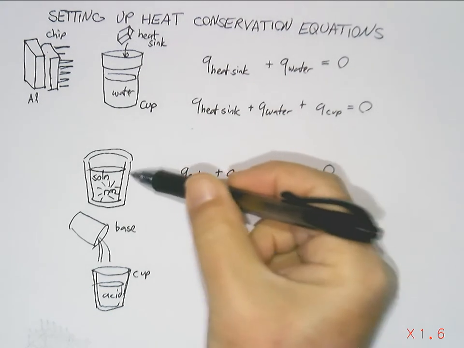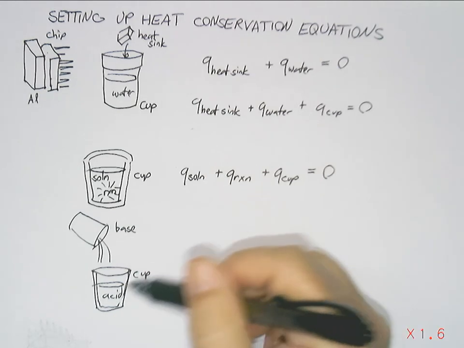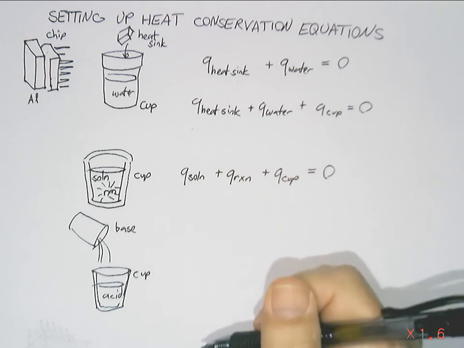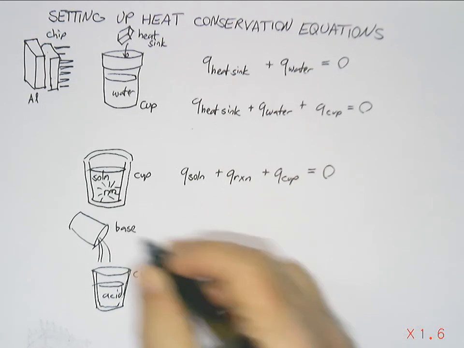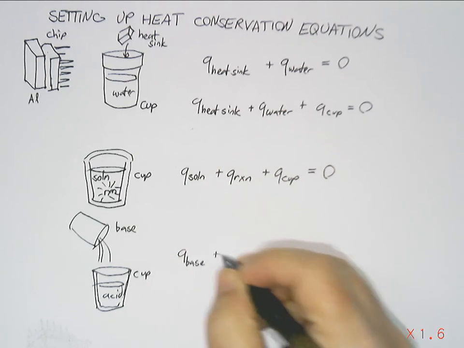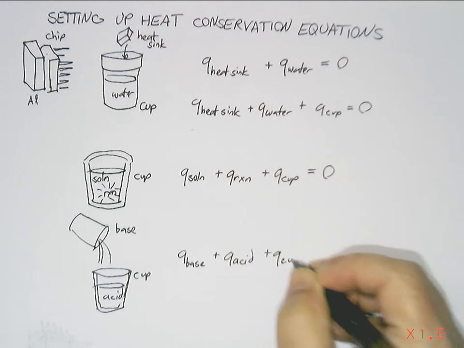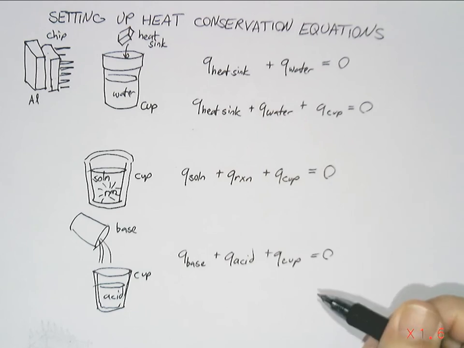So this is actually how I got this reaction to start. I dumped some base into the acid, stirred it up, and looked at the temperature change that was involved with that. I might think that the three components here are Q base plus Q acid plus Q cup equals 0, but that's not right. How do I know that's not right?